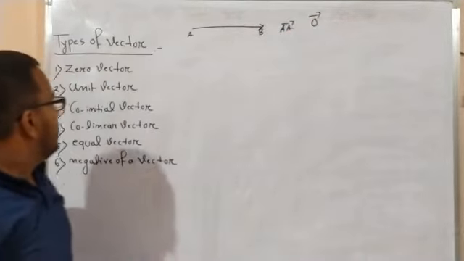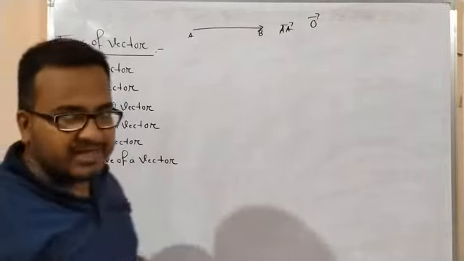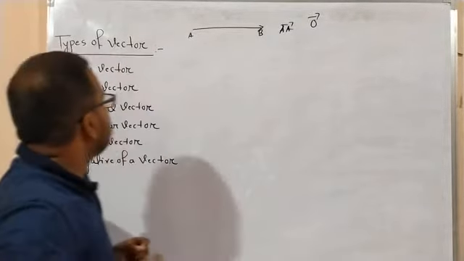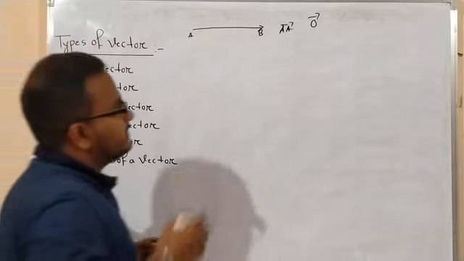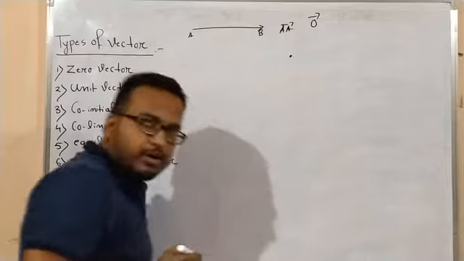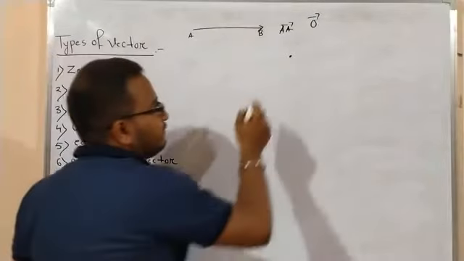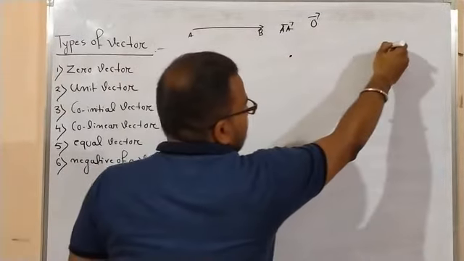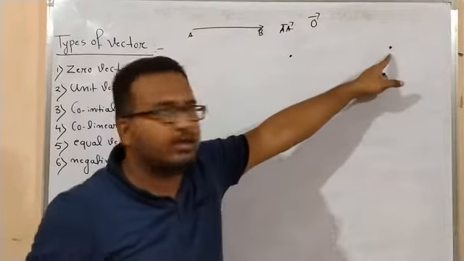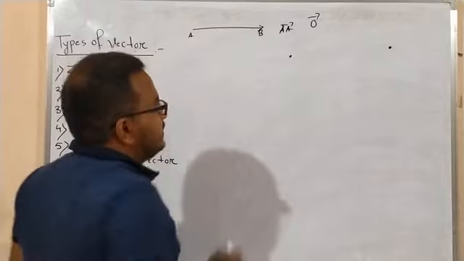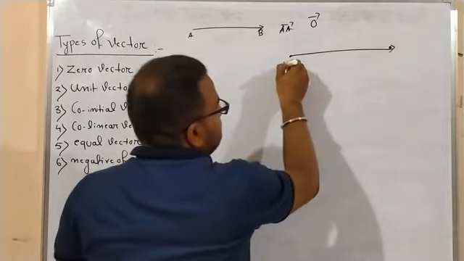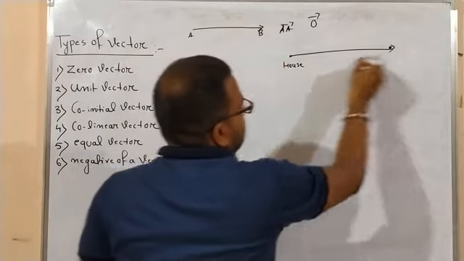Now unit vector. It's a very important concept, so try to understand it. Unit vector means, suppose you take this point as your initial point, a point of your house, and this is your terminal point, your college. This is the vector.